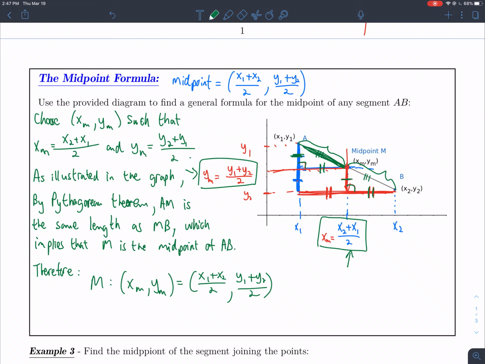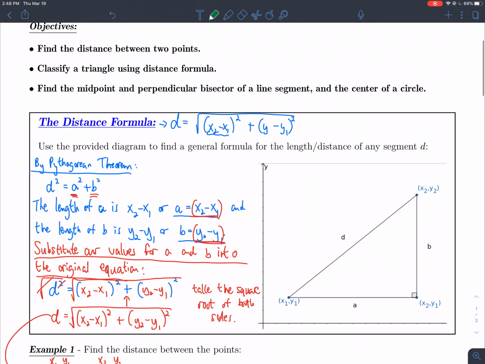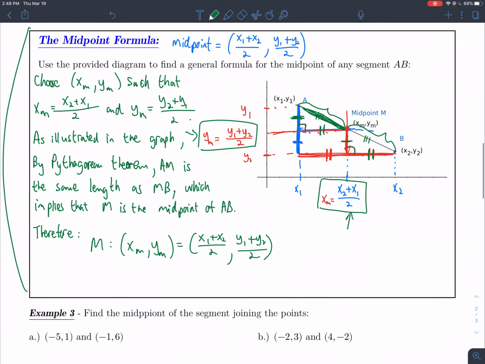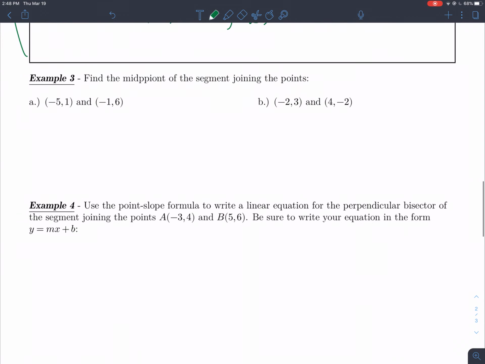Okay, so this is something you should know. You should be able to reproduce that on a test. I'm pretty sure it's on your mid-chapter 8 quiz. Either this one or this one. You should know both of those. All right. So let's use midpoint a little bit.